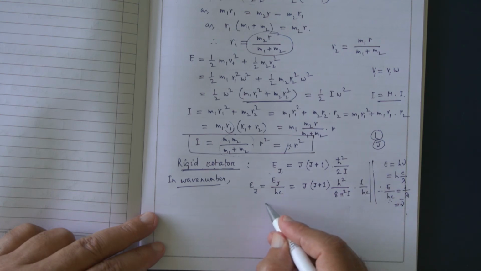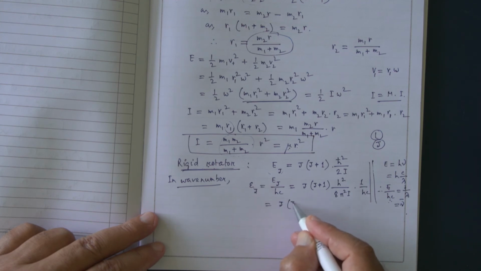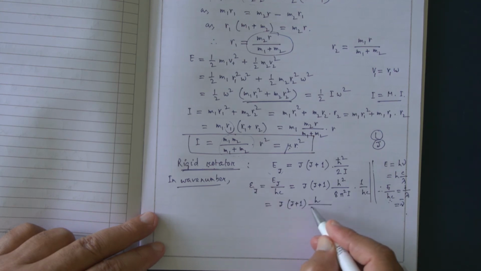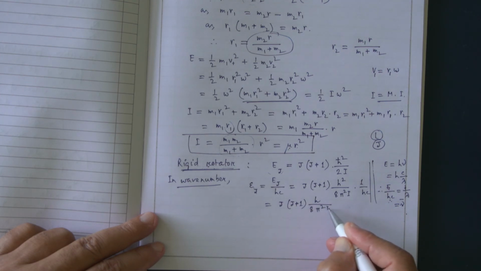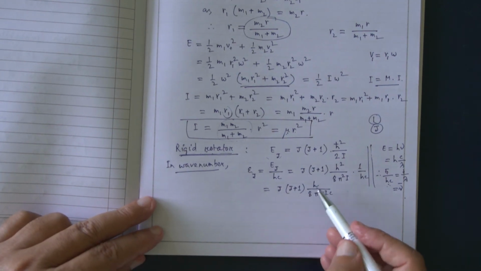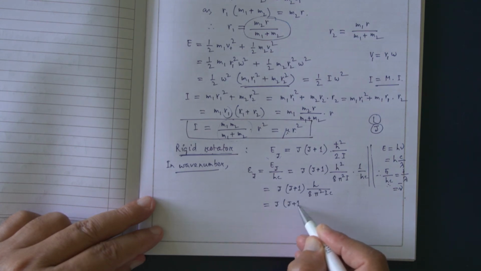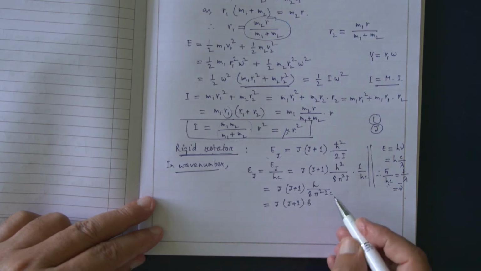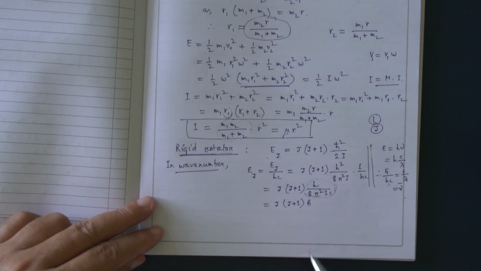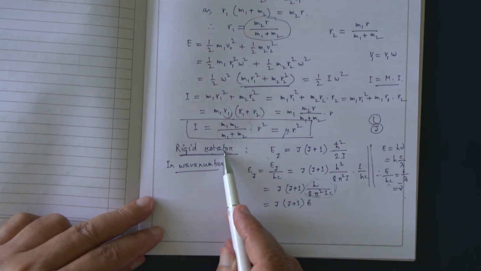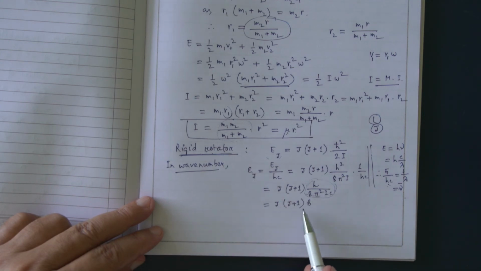So this will be equal to J into J plus 1 h by 8 pi square Ic, and this is generally represented as B, the rotational constant. Okay, so the energy of the rigid rotator in wave number unit is this much.